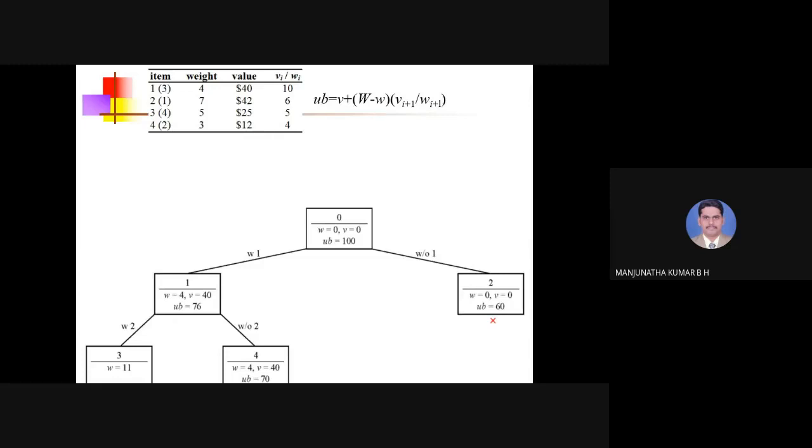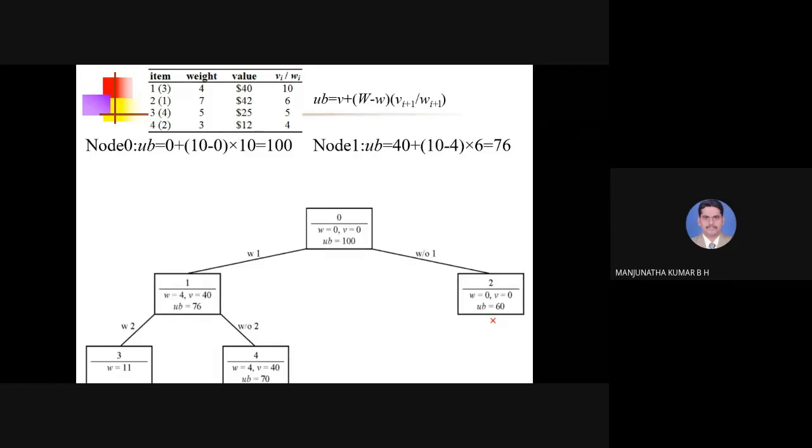Now let me re-explain how the upper bound is calculated for the first node. Now see this formula. It's very simple. You just remember this formula, you will get the correct solution to the given problem. So for node 0, the upper bound is calculated like this. V means the profit gained till now, which is 0, plus W minus w. What I told you, big W means maximum capacity 10, minus small w means total weight placed till now, which is 0.